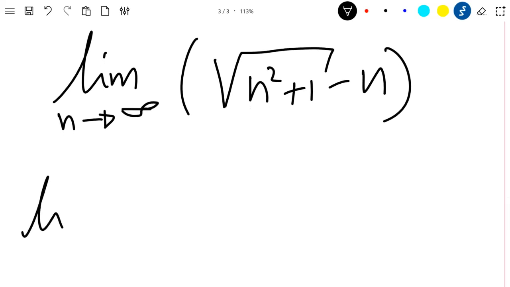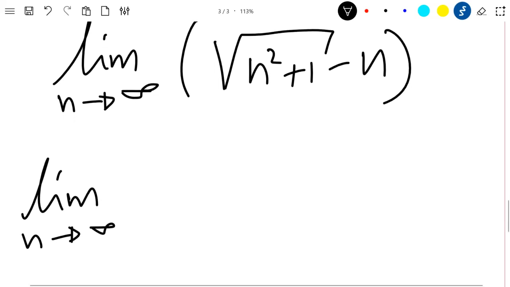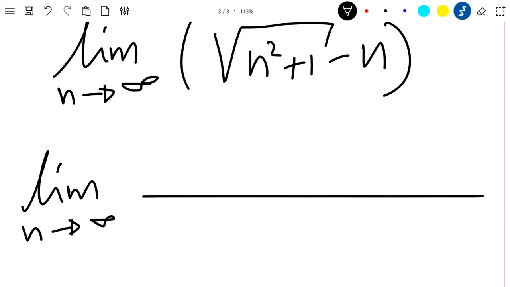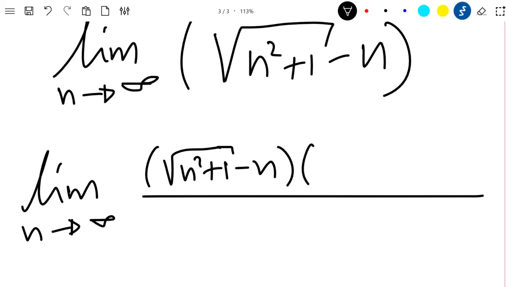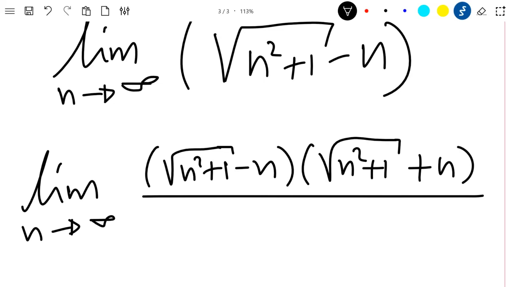So this is still the limit when n tends to infinity of this one first, which is the square root of n squared plus 1 minus n, and I multiply with the square root of n squared plus 1 plus n, and I divide by the same thing, so divided by the square root of n squared plus 1 plus n.